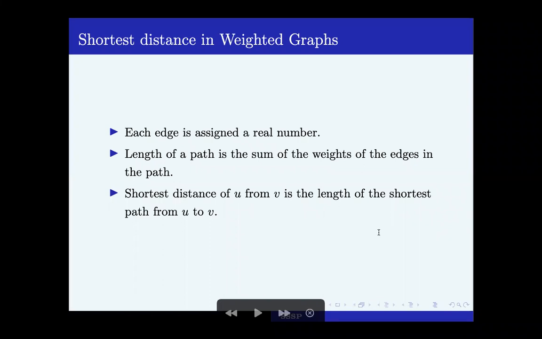Now, how do you compute this? I can ask you to think about this: if I give you a weighted graph and ask you to do a BFS or something like that, that need not give you the shortest path between two vertices.